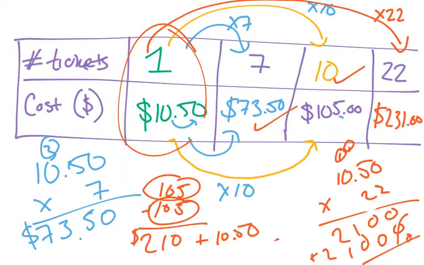That would be 0, 0, 1, 3, 2 with 2 decimal places, $231.00. Same deal. You can multiply if you are comfortable with that big multiplication problem with decimals, or you can add your way up. Either way, ratio tables will be something you encounter regularly in class, and they are something that we should be able to solve.